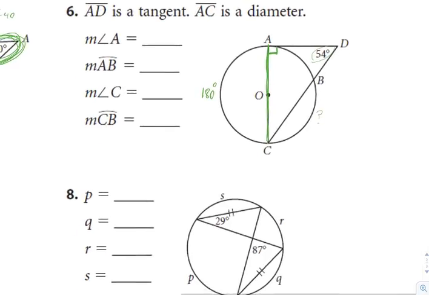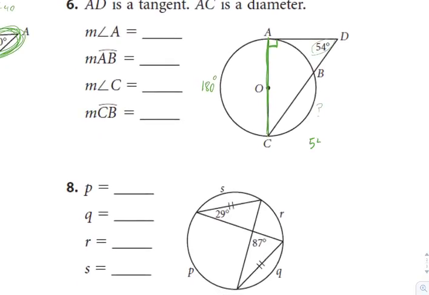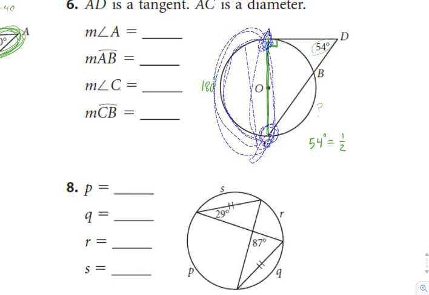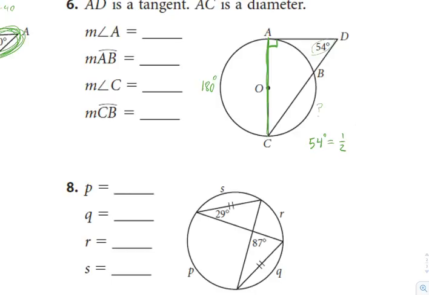So let's off to the side say, okay, well that means 54 degrees is equal to 1/2 the big arc. The big arc in this case opens up to 180 degrees. That's where it crosses here and it crosses here. So the big arc is 180. So 1/2 of 180 minus the small arc. And the small arc, I don't know, let's call A, okay?